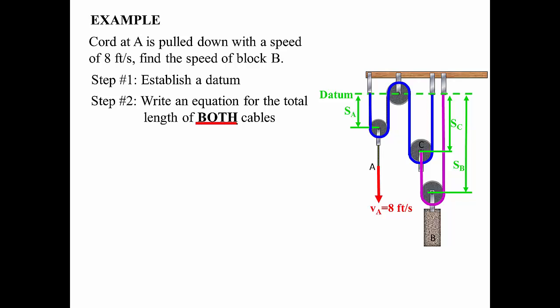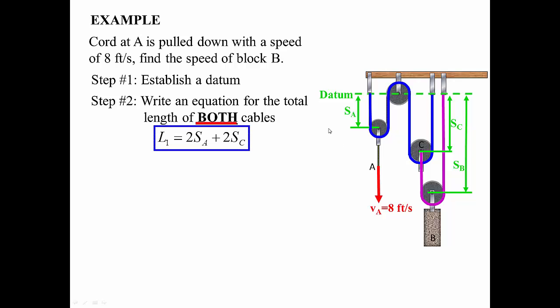So our first cable, the blue one, is 2SA plus 2SC. There's two lengths here that are associated with SA, and two lengths here that are associated with SC. Notice that we are neglecting what goes around the pulleys, because we know that those are constant and not going to change.